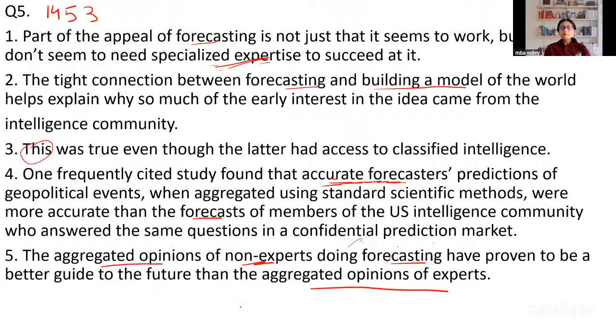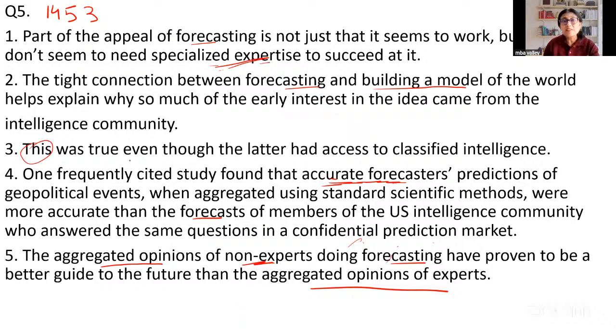Look, so 1, 4, and 5. These three sentences are talking about the same thing. What is it talking about? It is talking about how non-experts or forecasters without specialized experience can make accurate predictions. And they have outperformed experts. Sentence 3 adds context. What does sentence 3 say? This was true.